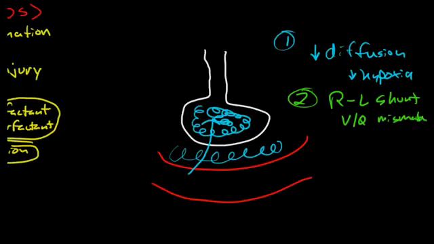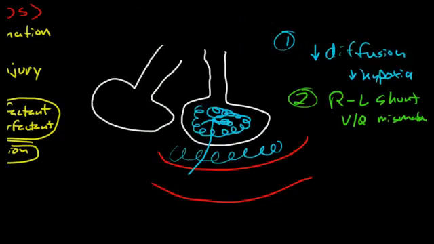Okay, and then the alveoli that aren't completely filled with fluid are going to have damage to their type 2 alveolar cells, and this is going to cause a decrease in surfactant production, and decreased surfactant production is going to cause decreased compliance. So the lungs are going to get stiff and difficult to ventilate.